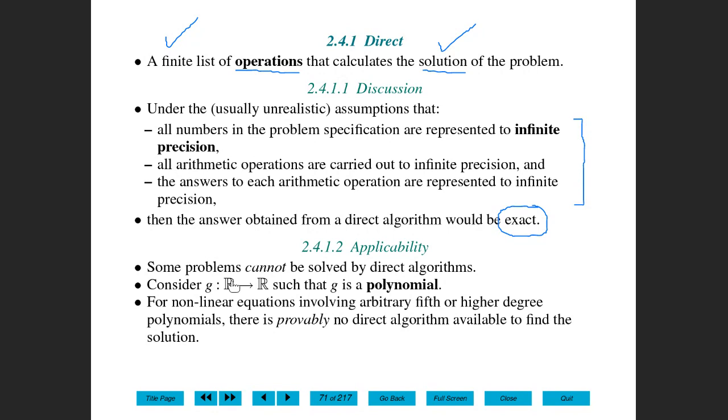For example, if we have g, which is a function from the set of real numbers to the set of real numbers. If we have linear equations, the equations which we have solved, we could even use a direct algorithm.